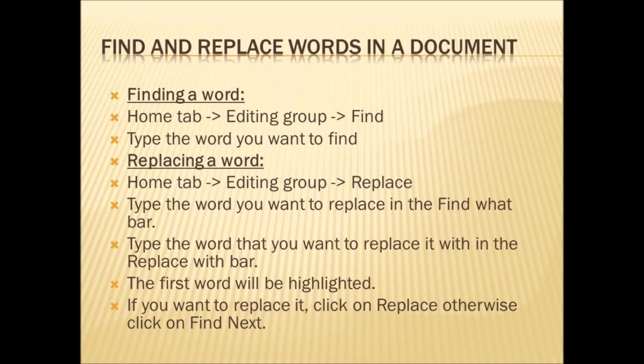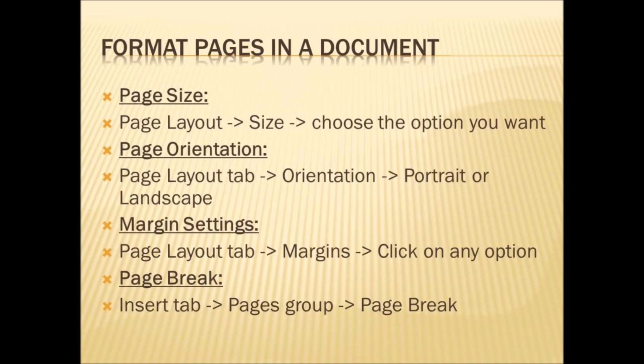The first place where you have used the word don't will be highlighted. If you want to replace it, click on Replace, or if you don't want to replace it, you can click on Find Next. If it shows the correct place, you can click on Replace. Understood?